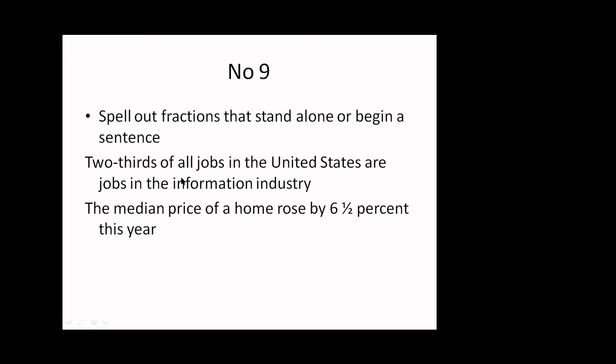For example: Two-thirds of the jobs in the United States are jobs in the information industry. So beginning with two-thirds, no numbers here. Next, we have: The median price of a home rose by 6.5% this year. Here you can use a figure.